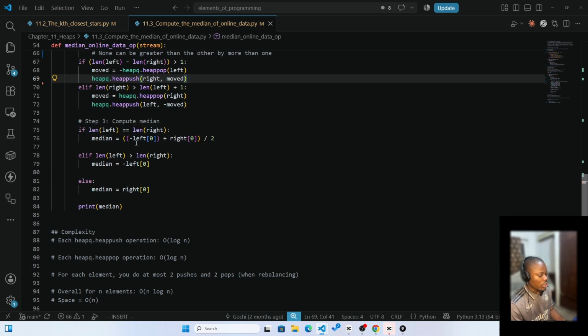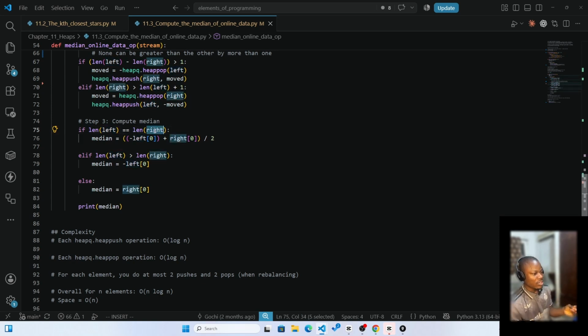Then after those two steps, we locate the left. So if the length of the left is equal to the length of the right, what does that mean? That simply means it's an even list. Boom, we just return the left top and the right top, because obviously we know what a heap does for us.